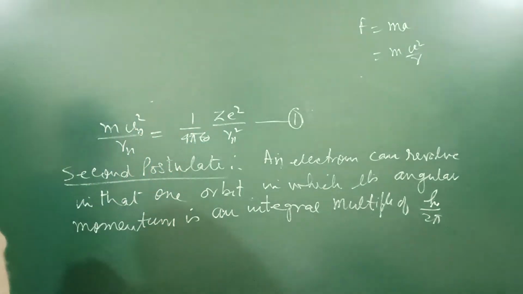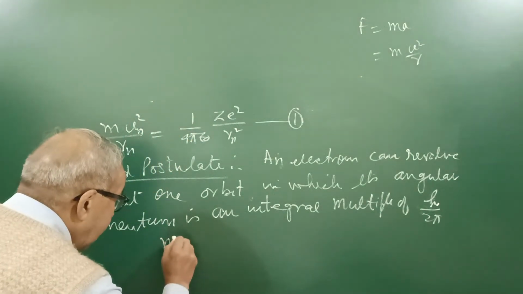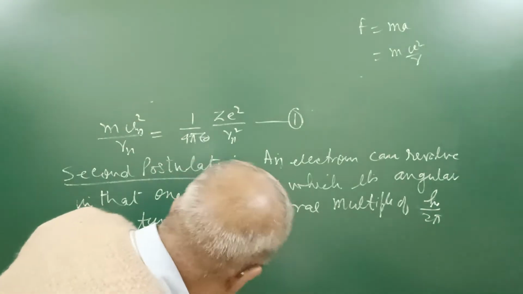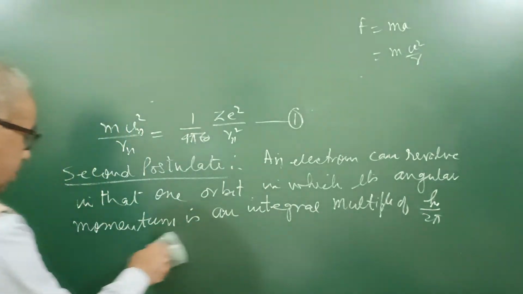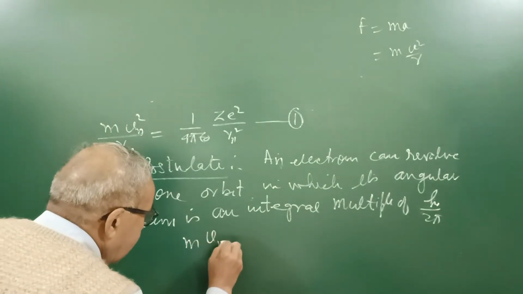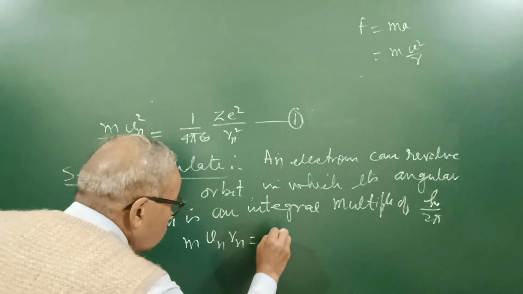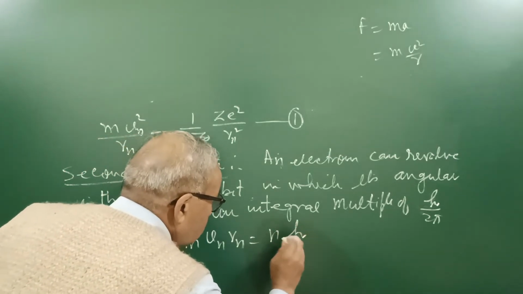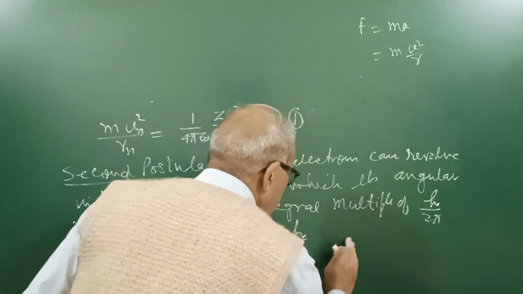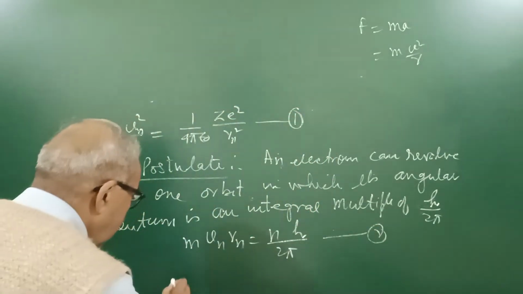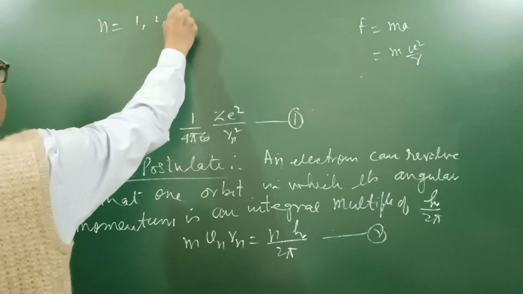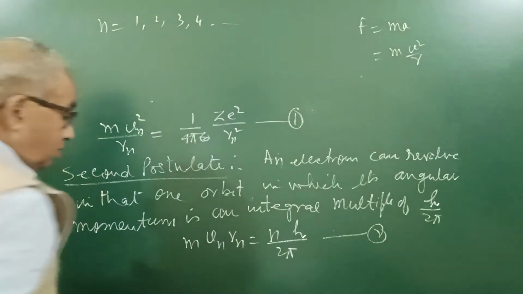That is mvnrn. mvnrn is equal to nh upon 2 pi, equation 2, where n is equal to 1, 2, 3, 4 and so on.